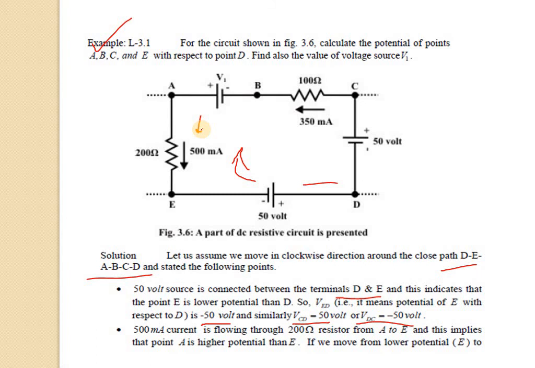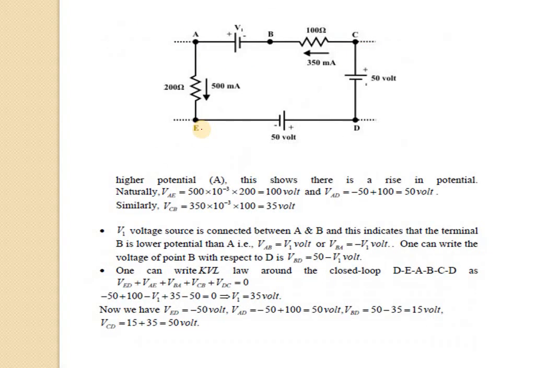And if it moves from the lower potential E to the higher potential A, this shows a rise in potential, that means VAE equals positive 100 volt and VAD equals minus 50 plus 100 equals 50 volt. Similarly, VCB equals 35 volt.